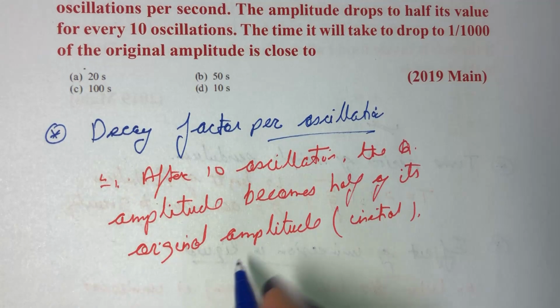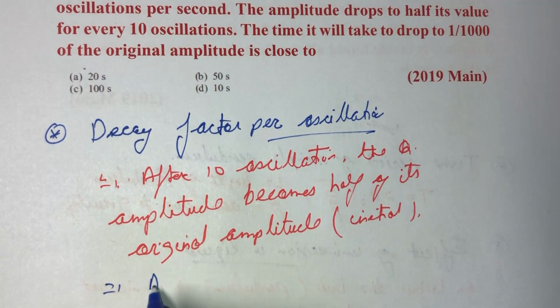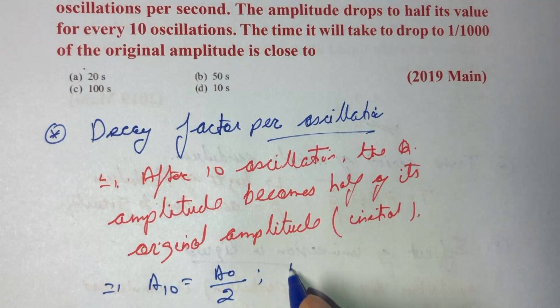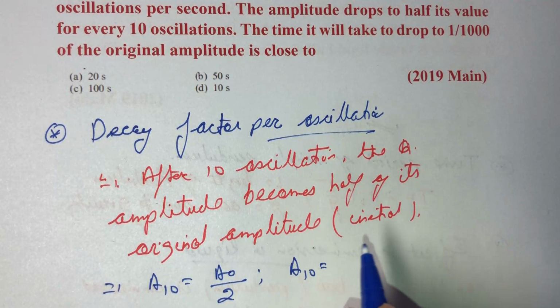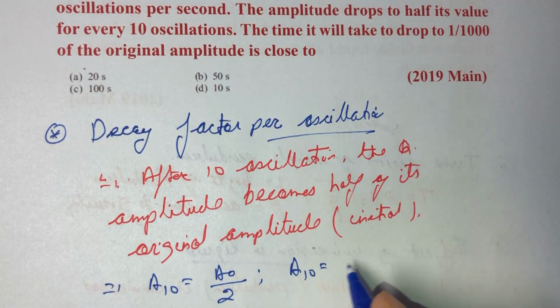So it means that we can write this as A of 10 will be equal to A of 0 divided by 2, where A of 10 is the amplitude at the 10th oscillation, or we can say after 10 oscillations.